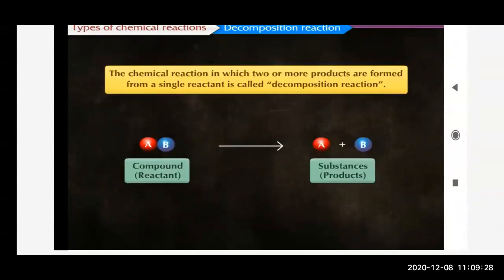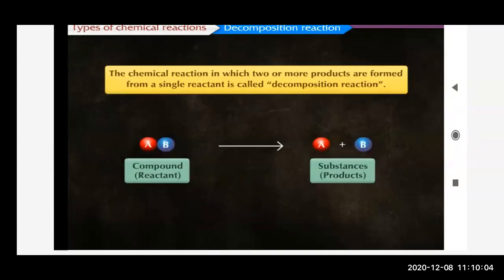The chemical reactions in which two or more products are formed from a single reactant are called decomposition reactions. Below that it is shown AB, meaning a single reactant is there and the products formed are A and B.